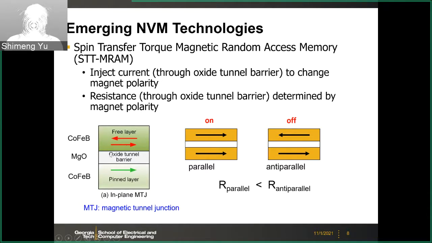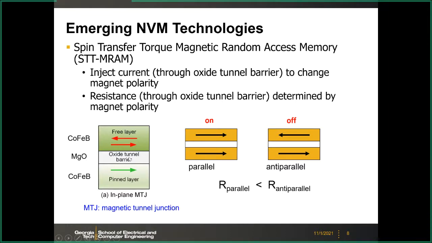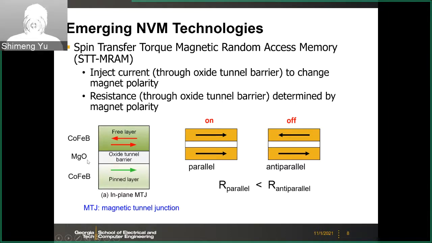And this device relies on the structure based on this kind of MTJ structure, magnetic tunnel junction. So here is a sandwiched structure. You have two ferromagnetic layers, mostly made of this cobalt iron boron. So they are separated by this oxide tunnel barrier, mostly made of MgO. And then here you can think those are two little magnets.